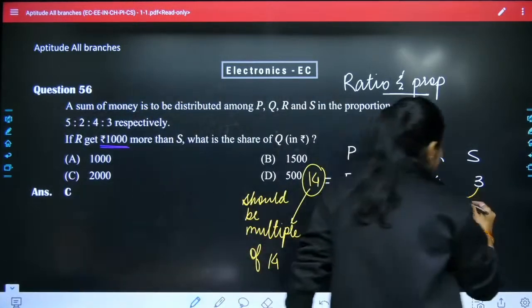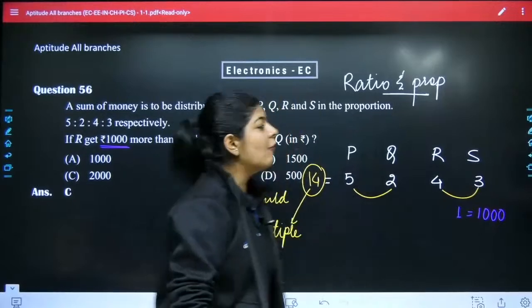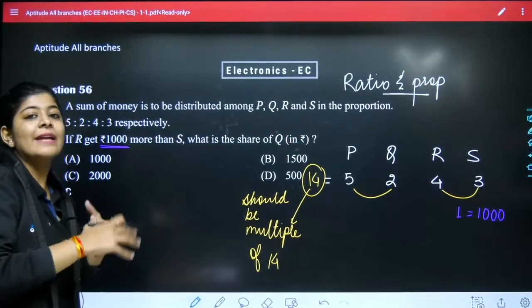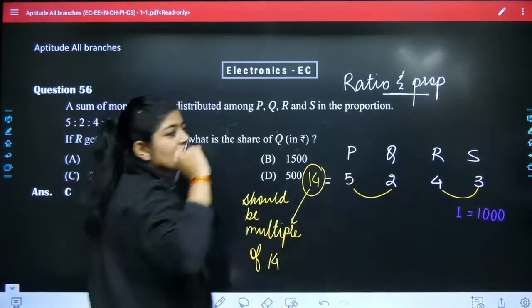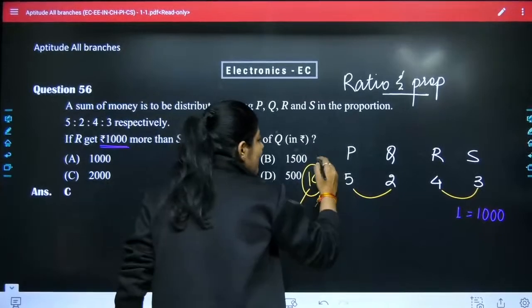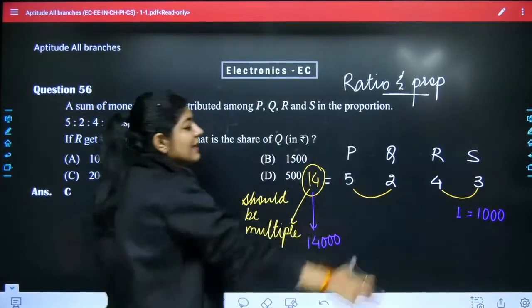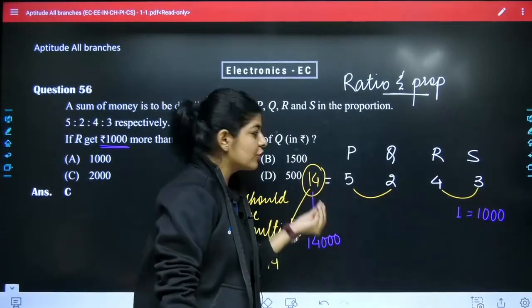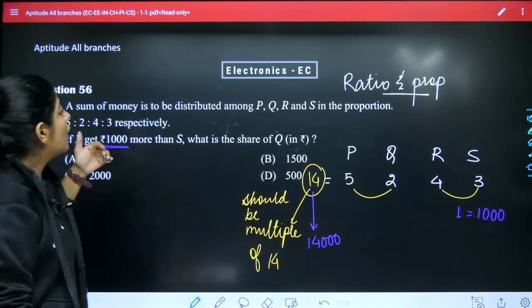That means the value of 1 is 1000, and the whole thing is a multiple of 14. If the total amount is asked, the total amount will be 14,000.